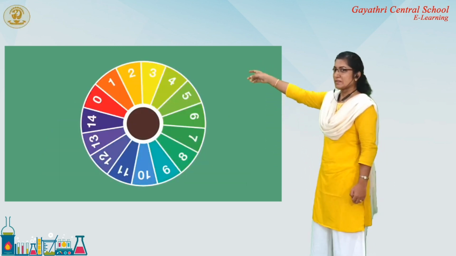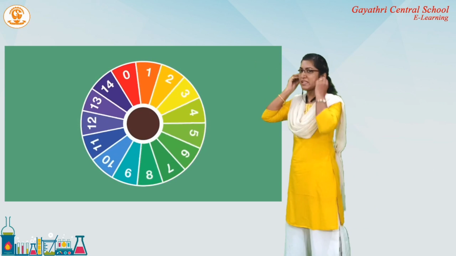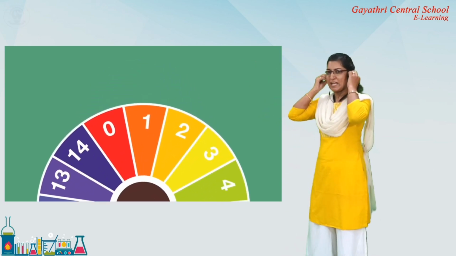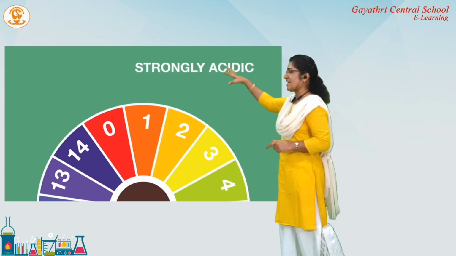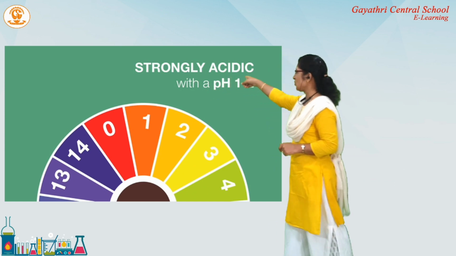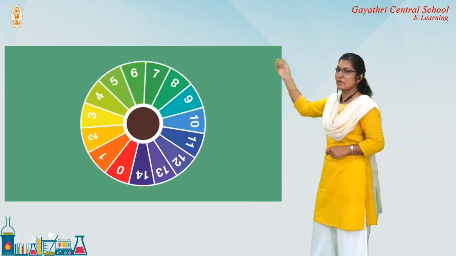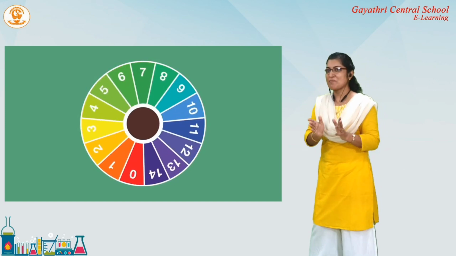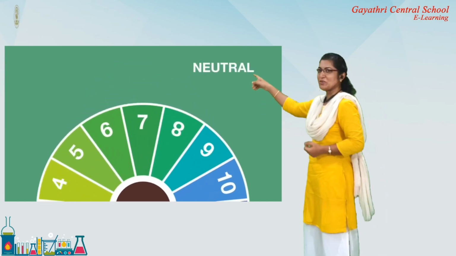Okay. So if the value of pH is 0, 1, 2, then it is of what type of acid? Strongly acidic. Yes, the pH values 0, 1 and 2 will be strongly acidic. Now, if the value is 7, then it is neutral in nature.